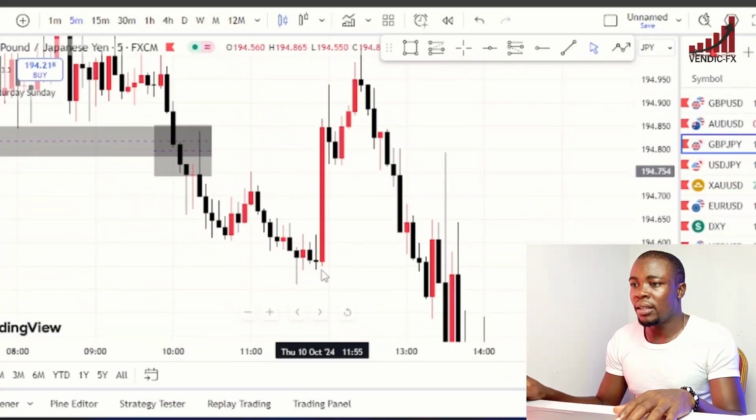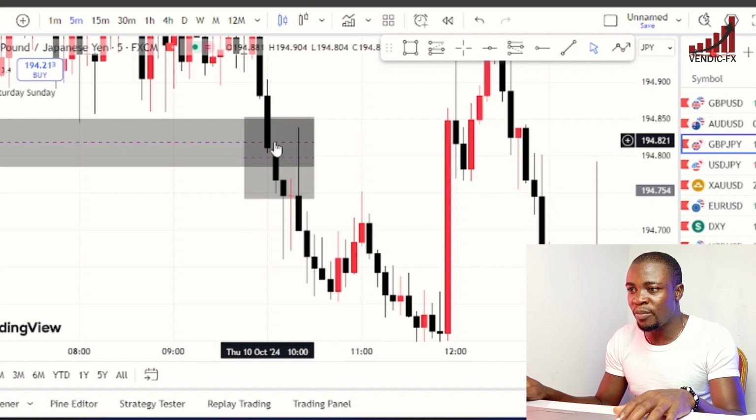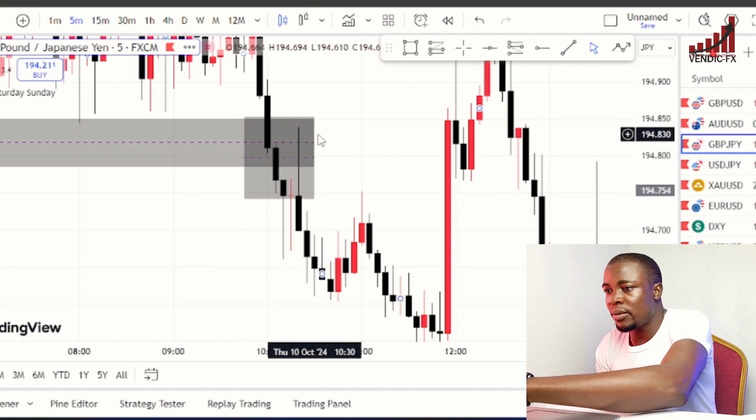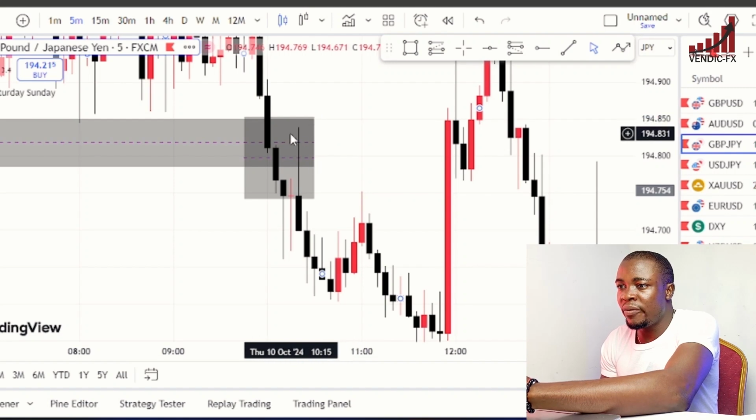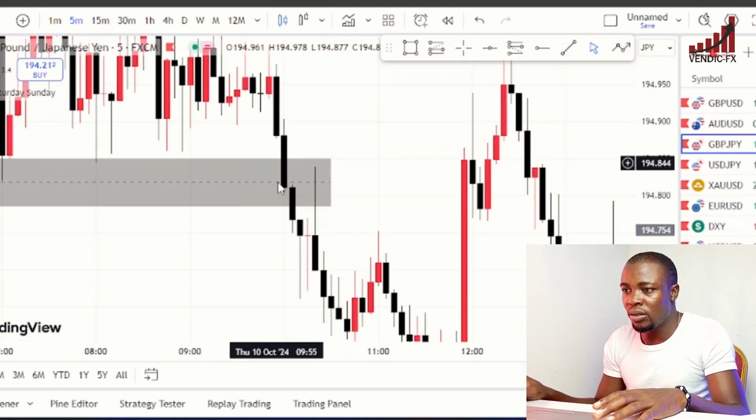Let's say you are on 15 minutes like this, so let's step down to 5 minutes. This was the place I was discussing. In 5 minutes, you will notice that the market breaks structure with this candle and leaves a fair value gap.